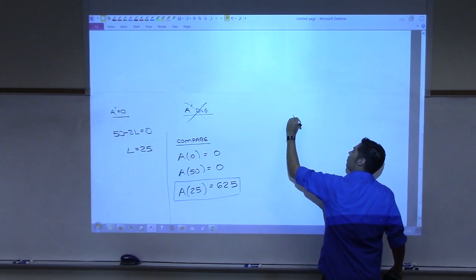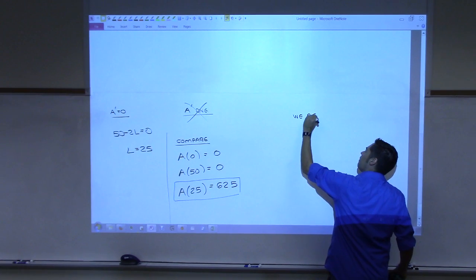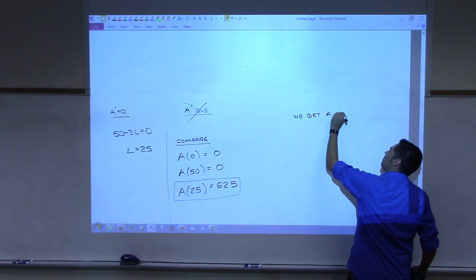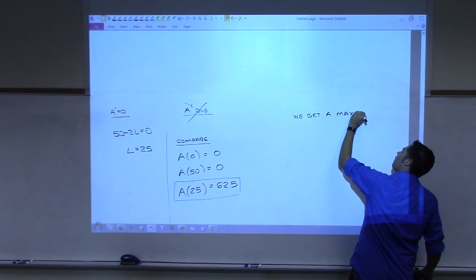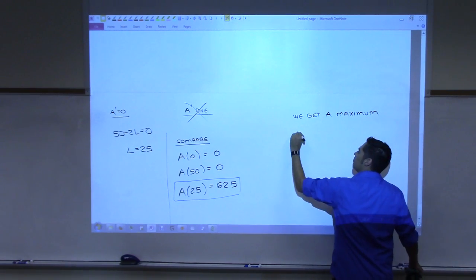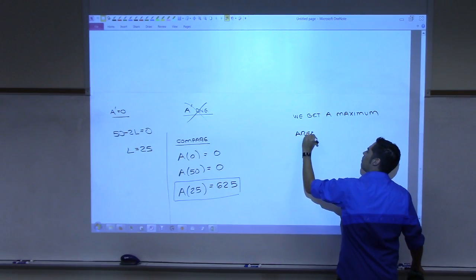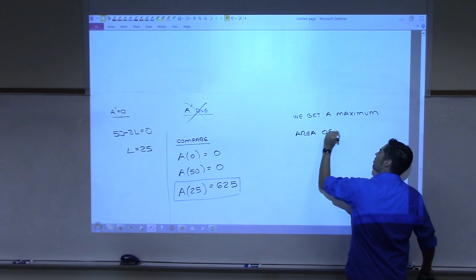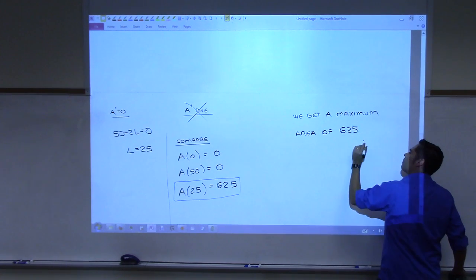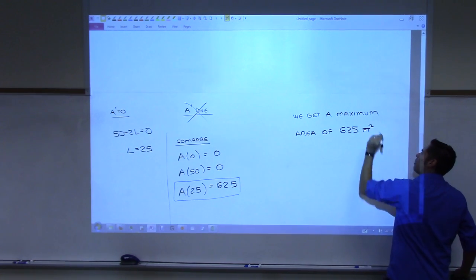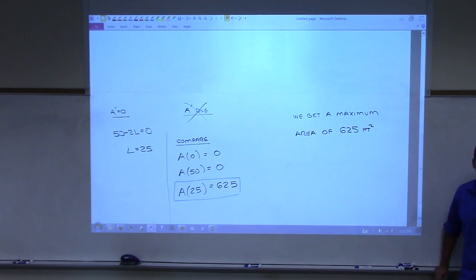So we get a maximum area of what? Of 625 what? Square feet or feet squared? Right?